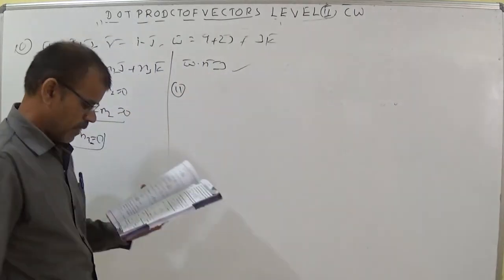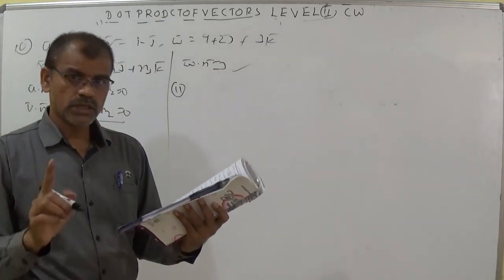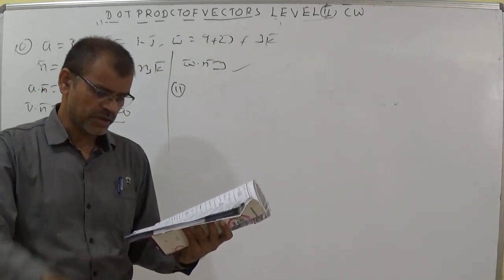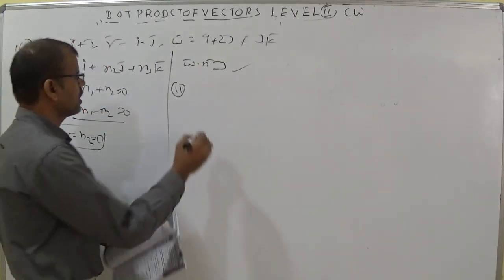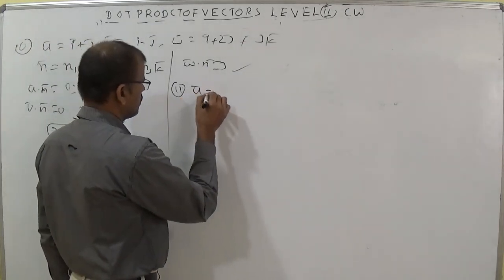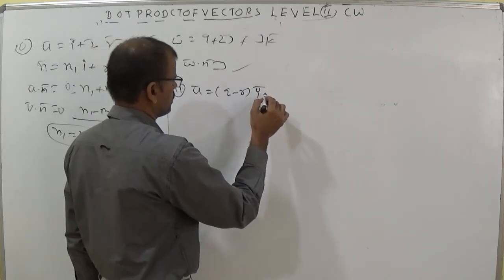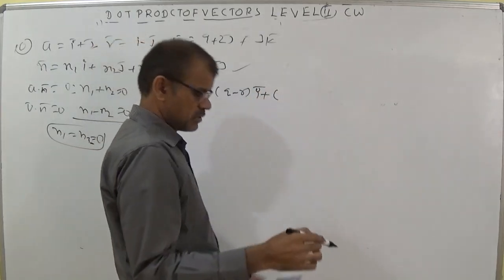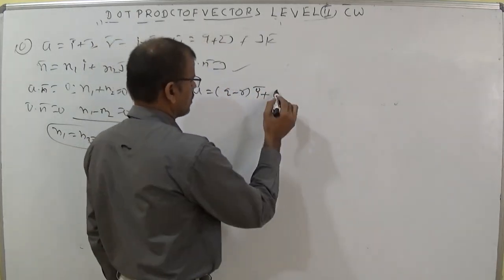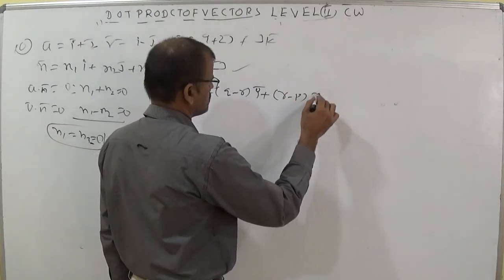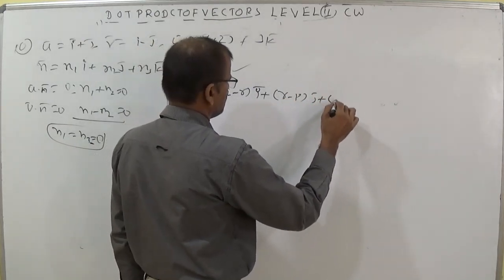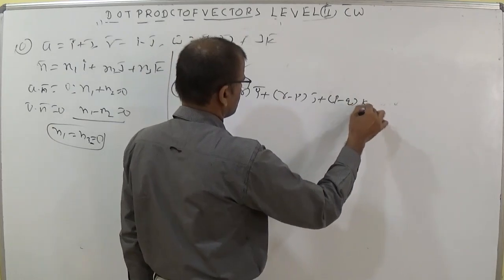Next, 11th question. A, B, C are the pth, qth, rth terms of an HP. Writing the data, U bar is equal to q minus r into I bar, next r minus p into J bar, next p minus q into K bar.